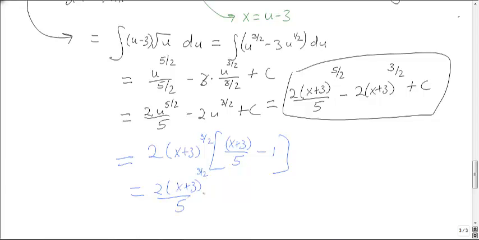Here over 5. And I'm left with, let's see, x plus 3 minus 5. So you could write, and I'm losing my plus c's as I go along, 2 times x plus 3 to the 3/2 over 5 multiplied by, I guess that'd be x minus 2, plus c.